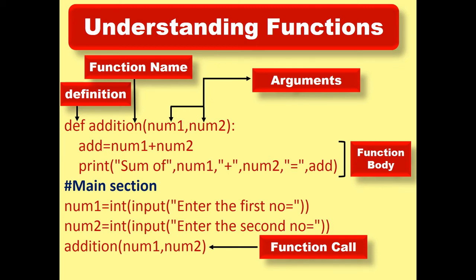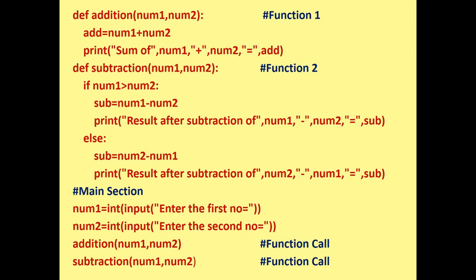My dear students, here is the layout of the first program with functions. The first function says def addition, that is the name of the function, with two arguments, and it performs its task in two lines, which are the function body.